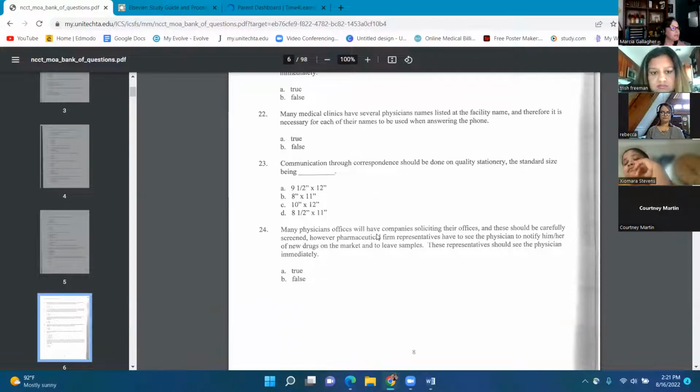All right, number 23, communication through correspondence should be done on quality stationery. The standard size being, this is one of those questions that I told y'all, where do we ever go over this? We did it, but you're going to learn it through here. So is it 9.5 by 12, 8 by 11, 10 by 12, or 8.5 by 11?